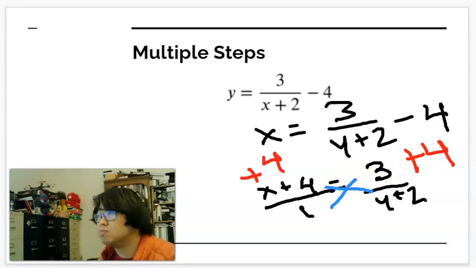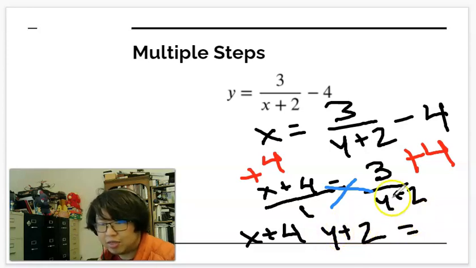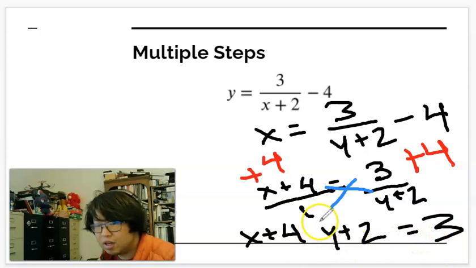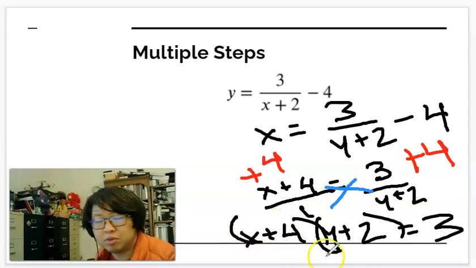So when I cross multiply, I should end up with this x plus 4 times y plus 2 on the left, and 3 times 1 is just 3, so we'll just leave it 3. Okay. Remember to keep parentheses around your terms here, because we don't want to lose that idea that those are just numbers.